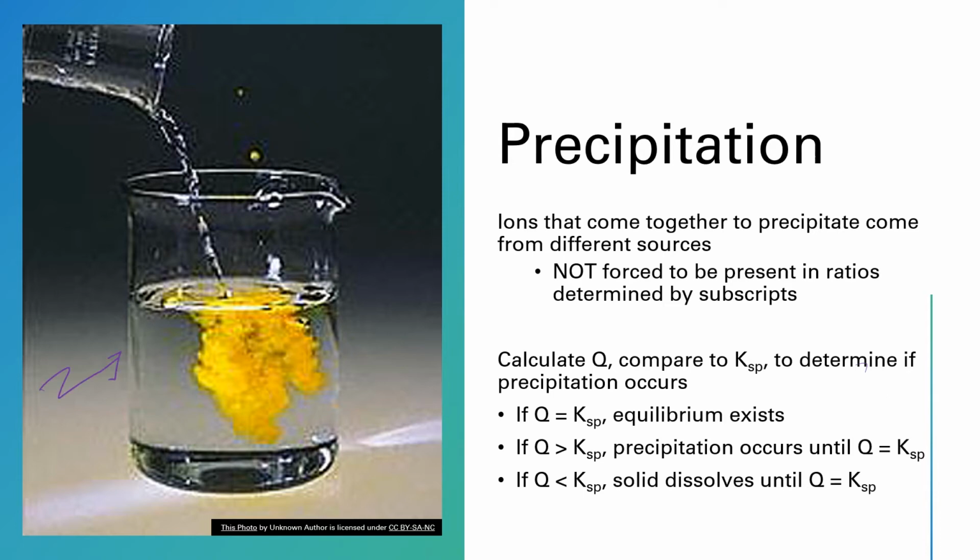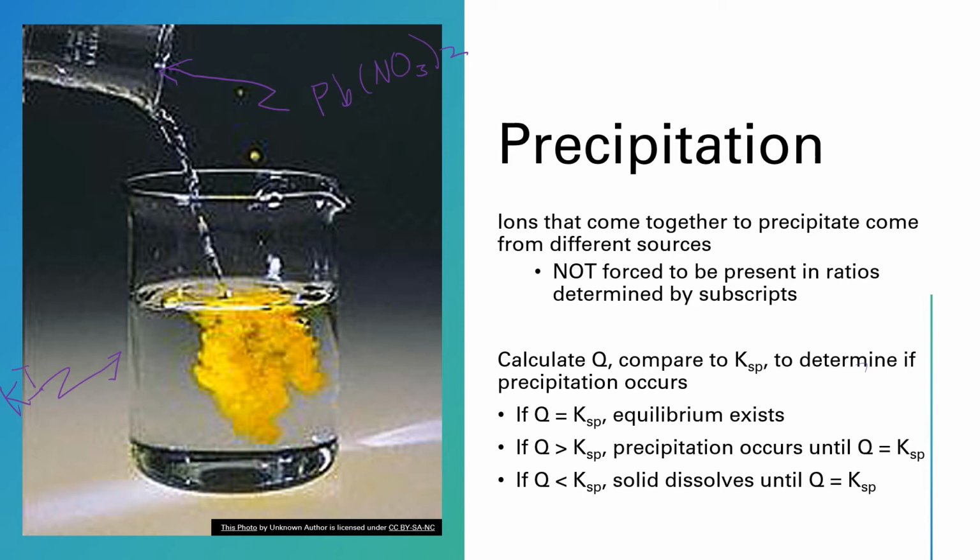Let's say that particular beaker has potassium iodide, and then this beaker up top would have the other reagent, which would be something like lead nitrate, because that solid that's being produced with that bright yellow color is clearly lead iodide. And so the lead ions are coming from one beaker and can have any particular concentration, and the iodide ions are coming from the other beaker, and they can have a completely different concentration. And then when they get together, we have to determine what Q is.